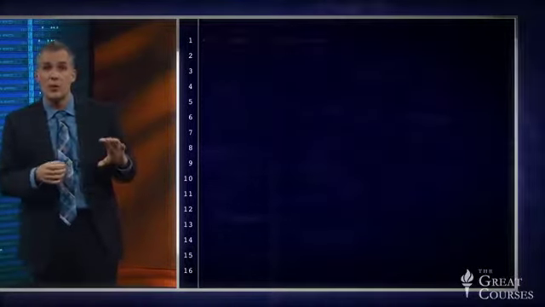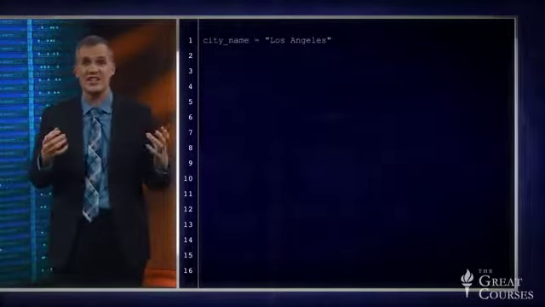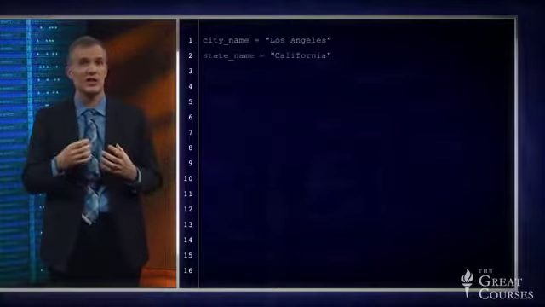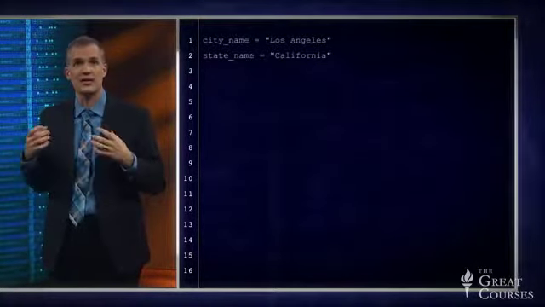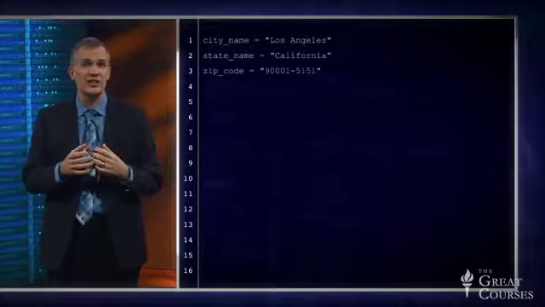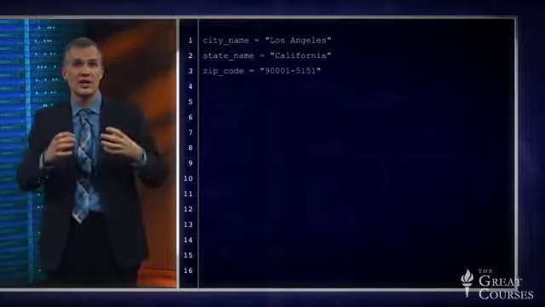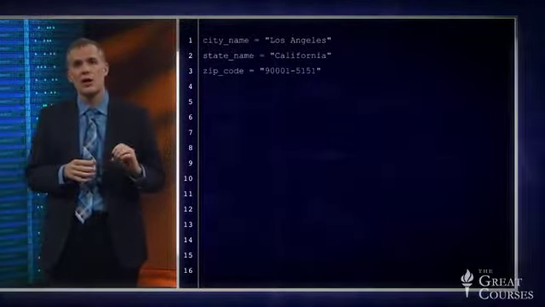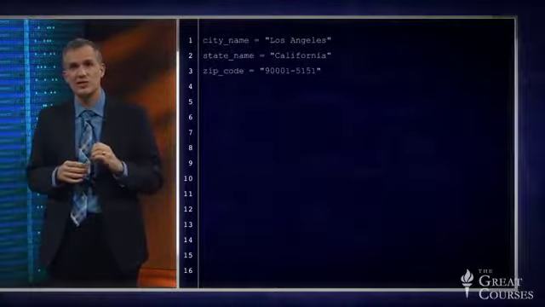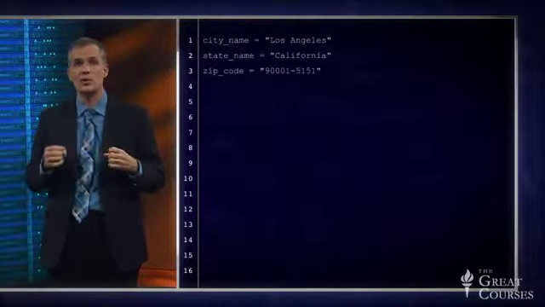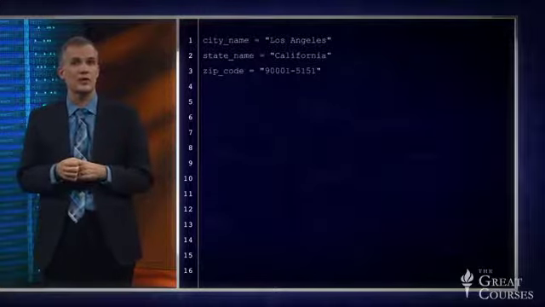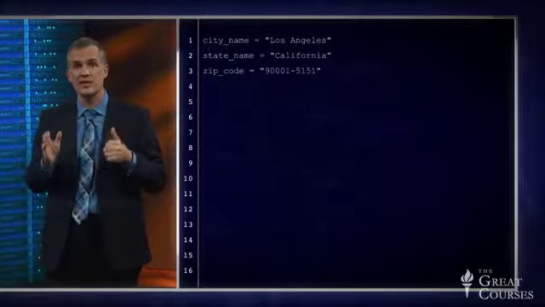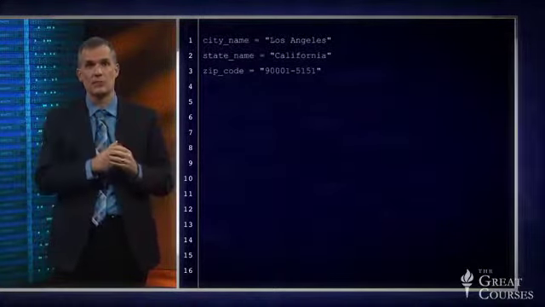Okay? What if you had a variable containing a city name, like Los Angeles, and another containing a state name, like California, and another containing a string that gives a postal code? What if you wanted one string that was the way you would write this information in a US-style mailing address, where you have city, comma, state, space, zip code?